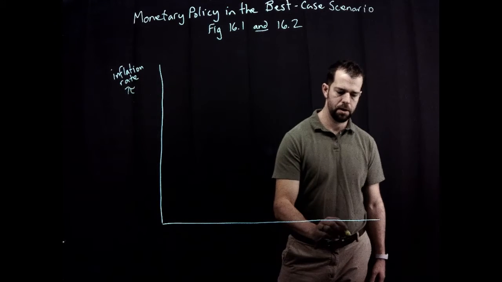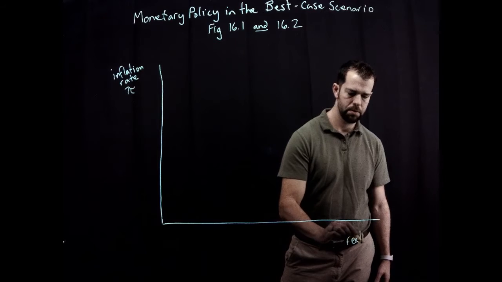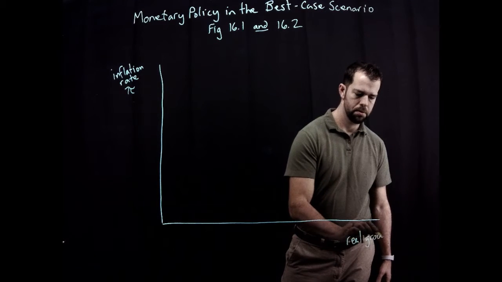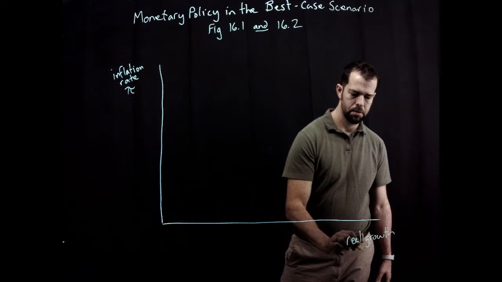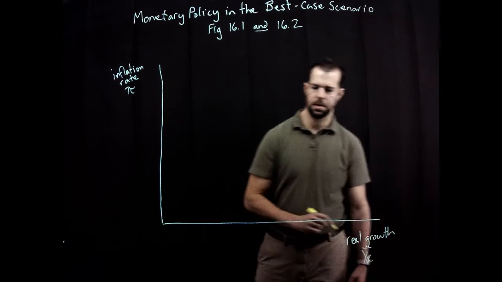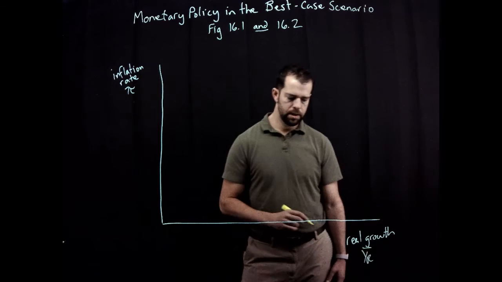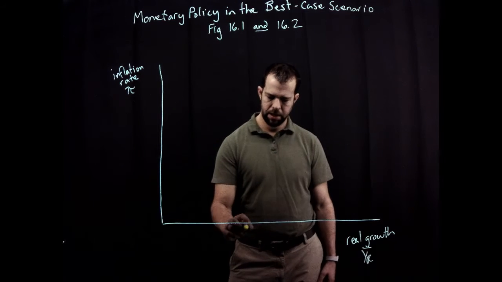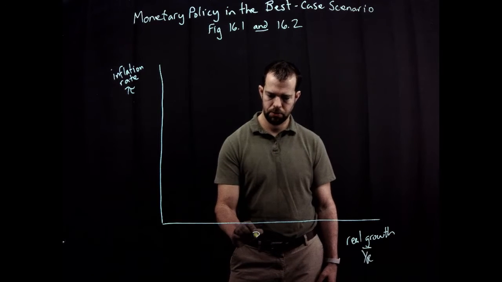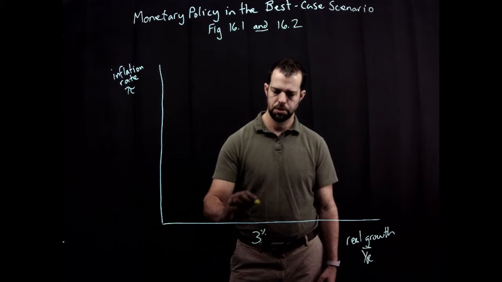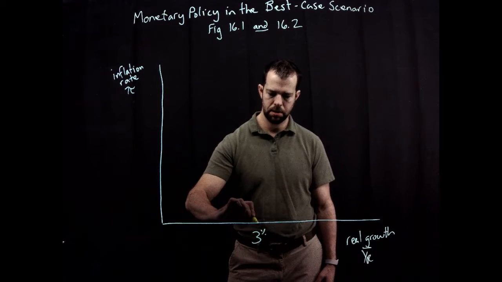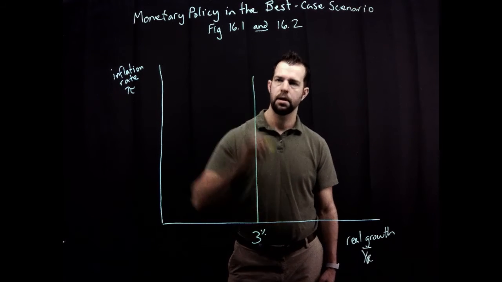And we're going to have our real growth, growth rate of real GDP. And then we want to add our Solow growth rate at 3% to represent the long run aggregate supply curve.